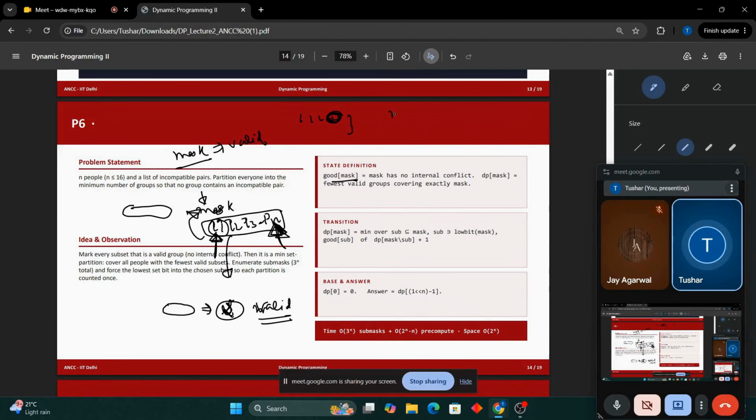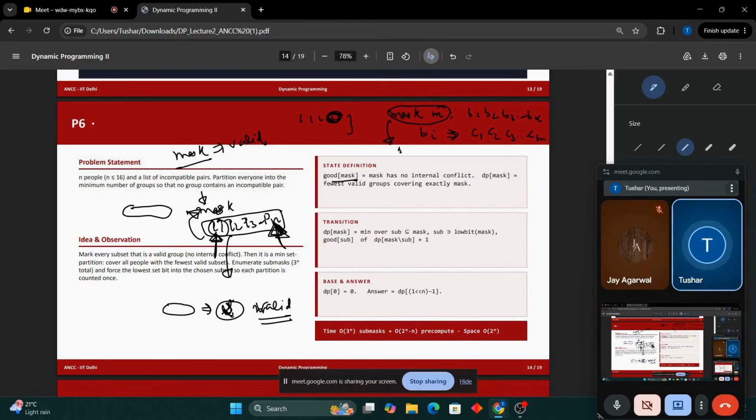For example, if we have any mask m with set bits b1, b2, b3, say bk, and for the bi-th person we have another mask from the input which contains all the persons incompatible with this person, suppose with bits set C1, C2, C3, say Cn, we need to check whether this mask is compatible or not.